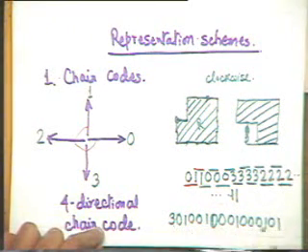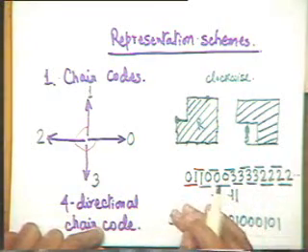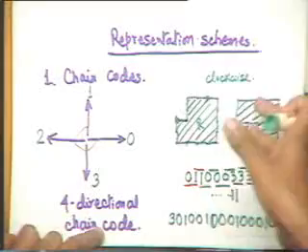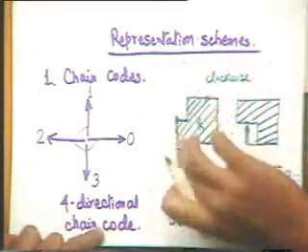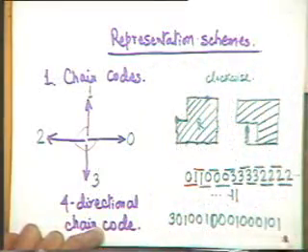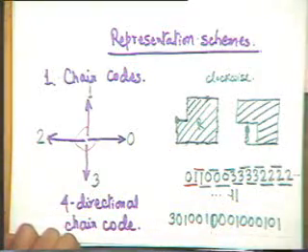This is indicating how many times the direction changes are taking place. So obviously if the object itself is rotated, then the directional change will give rise to the same code. Obviously not the same starting point, because the starting point might be different.